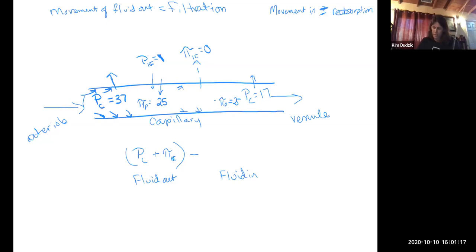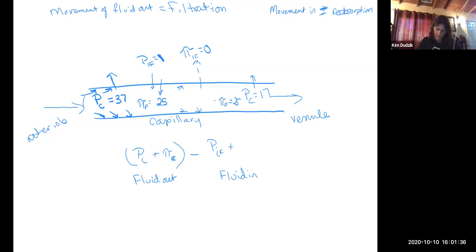Okay, and so if we do that, remember, what's moving the arrows in? Well, the pressure of the interstitial fluid, you can write I or IF, whatever you like, plus what's another one moving in?